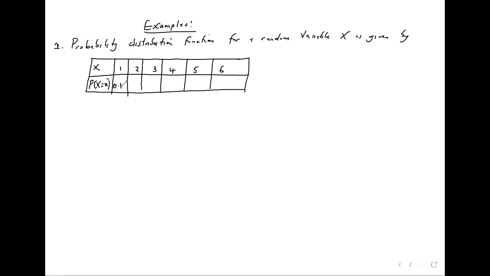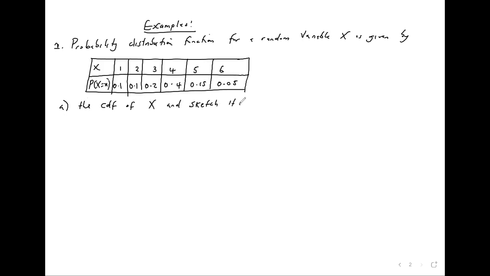Then the probabilities: 0.1, 0.1, 0.2, 0.15, 0.4, 0.15, 0.05. Question A, find the CDF of X and sketch it.